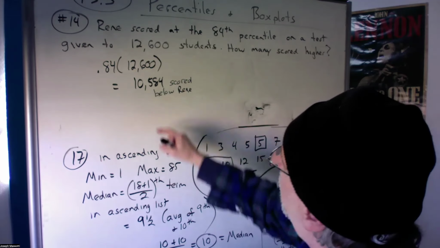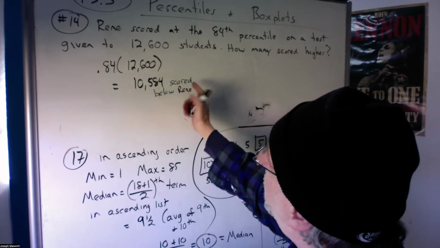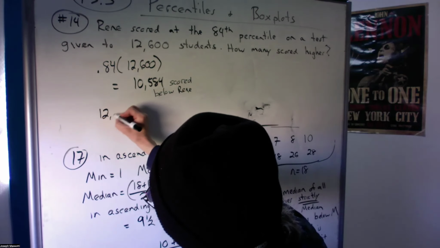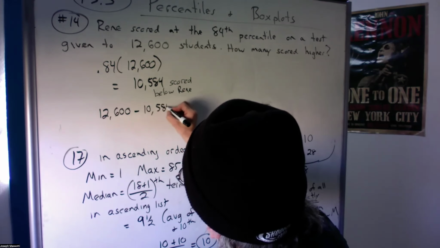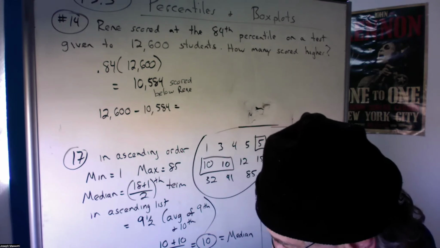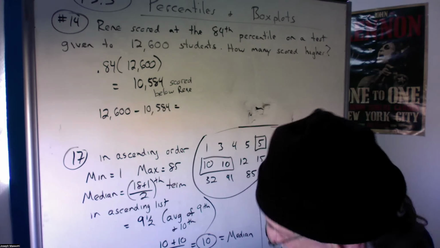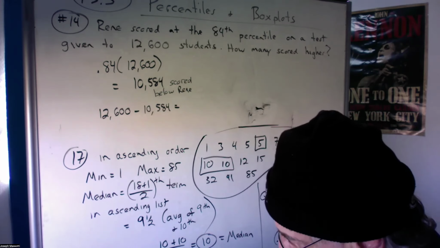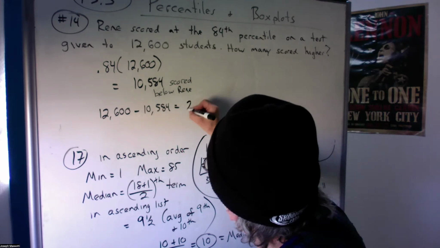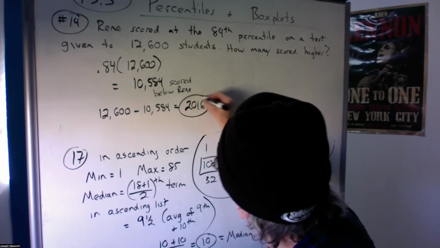Guess that could be a guy too, right? We don't know. But how many scored above her? Well, there was 12,600. If you take away the 10,584 that scored below her, that's going to give you the number of students that scored above her, or 2,016.